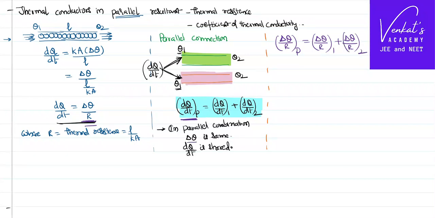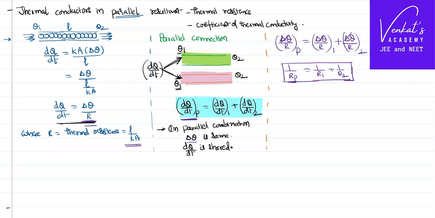But as I told you, delta theta is the same, so that can be cancelled. So 1 by R parallel equals 1 by R1 plus 1 by R2. That's how we find the effective thermal resistance when they are connected in parallel. This is similar to electric resistance itself. But we know R equals L by Ka.